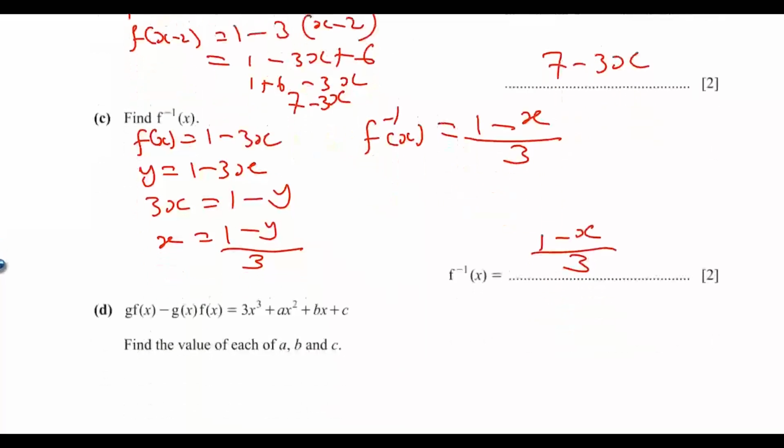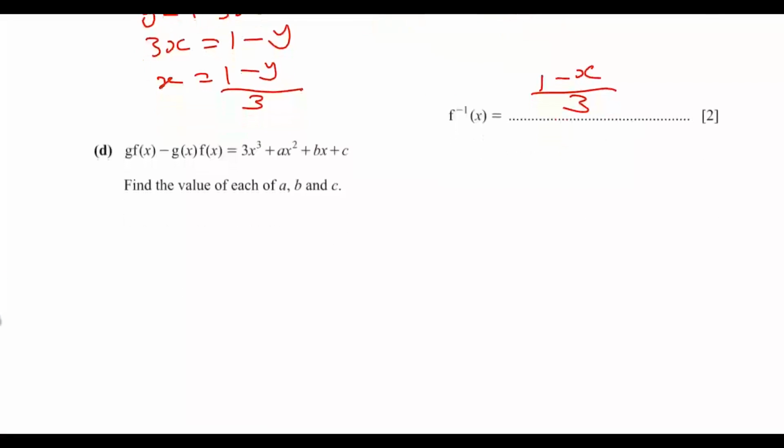So let's go to part D. g f of x minus g of x times f of x should be equal to this expression. Okay, so we need to find the value of each of a, b, and c. So here what we need to do is to firstly find g f of x.